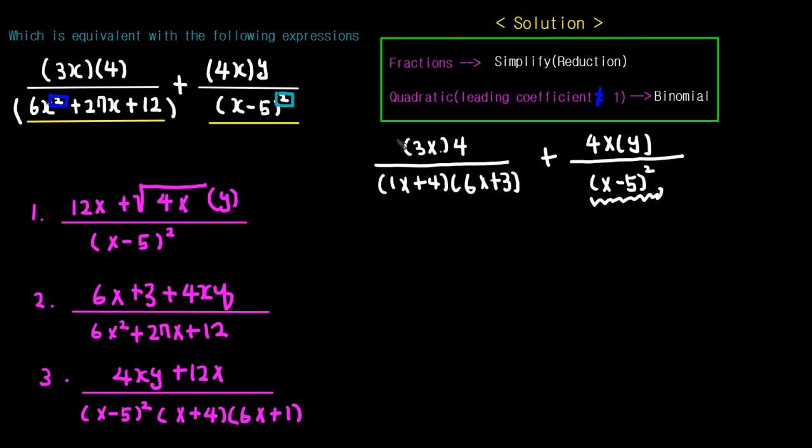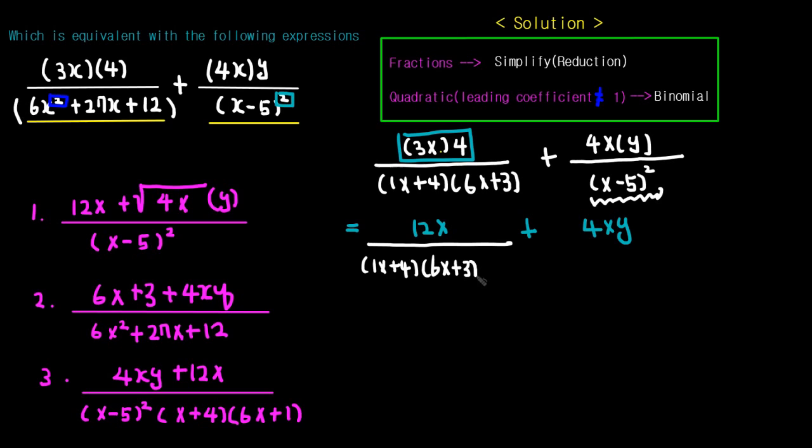So first, 3x times 4 is just going to be equal to 12x if we distribute, and then plus 4x times y is just 4xy. In the numerator it is still there, so in the numerator it is going to be 1x plus 4 times 6x plus 3.